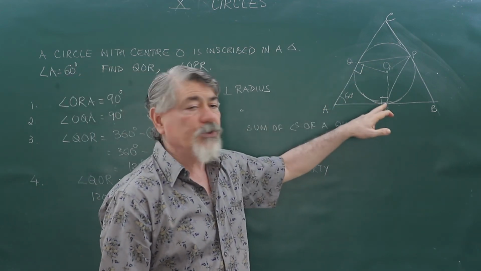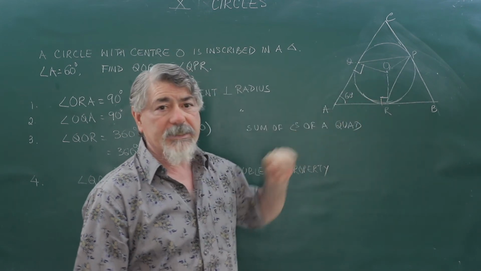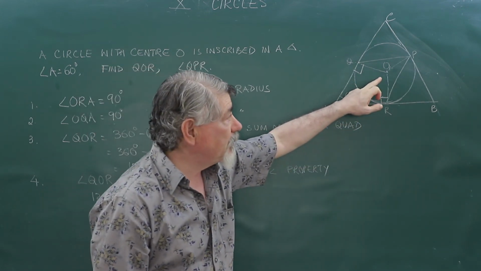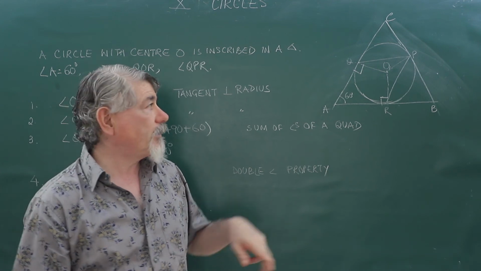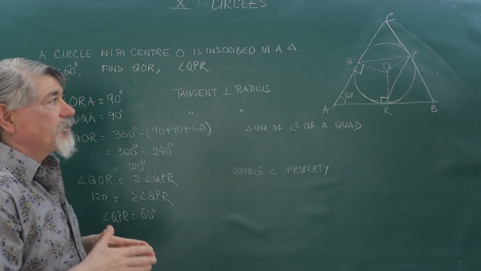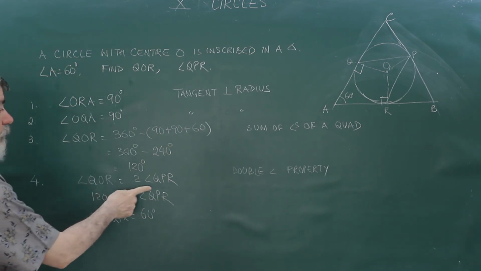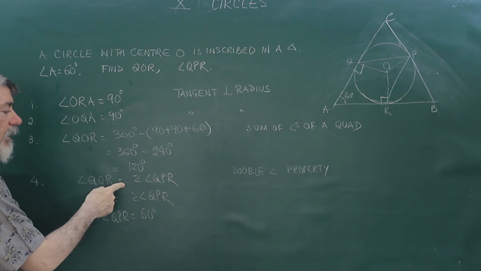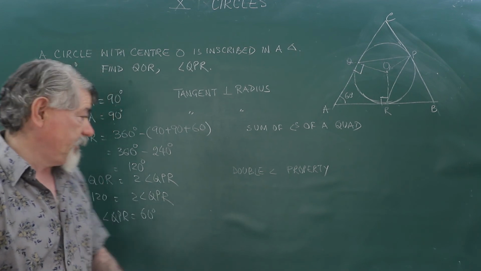Like this arc QR is subtending an angle QOR at the center, it will be double of the angle which it subtends at the remaining part of the circumference, that is QPR. So the relation is QOR is double of angle QPR. That is what we have written. This is called the double angle property.